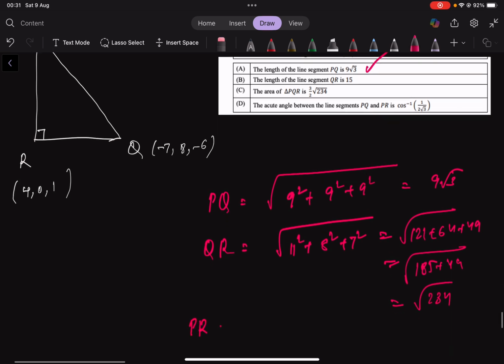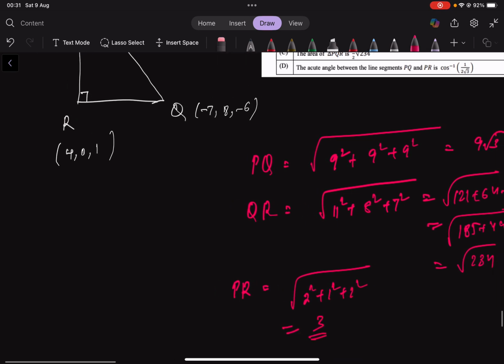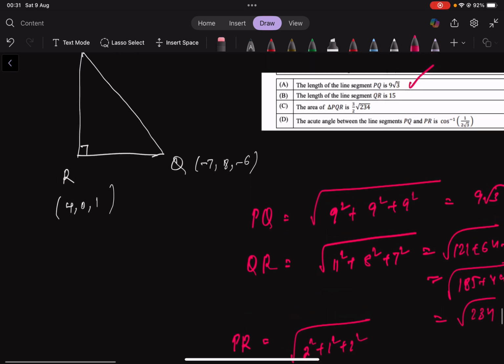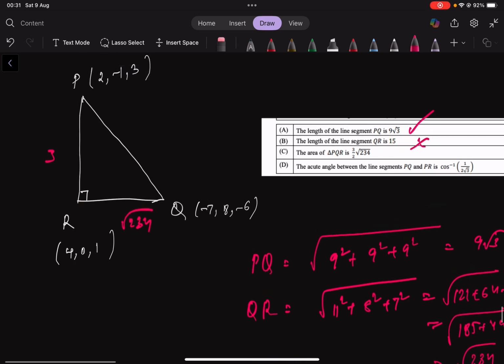And PR is square root of 2 square plus 1 square plus 2 square, which is square root of 9, which is 3. QR we are getting as square root of 234, so that option is wrong, and PQ is 9 root 3.